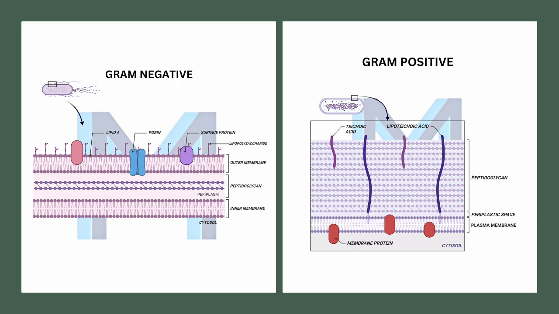Starting with the cell wall structure, okay? The gram-positive bacteria have a thick peptidoglycan layer. You compare that to gram-negative, it is much thinner, as illustrated here.